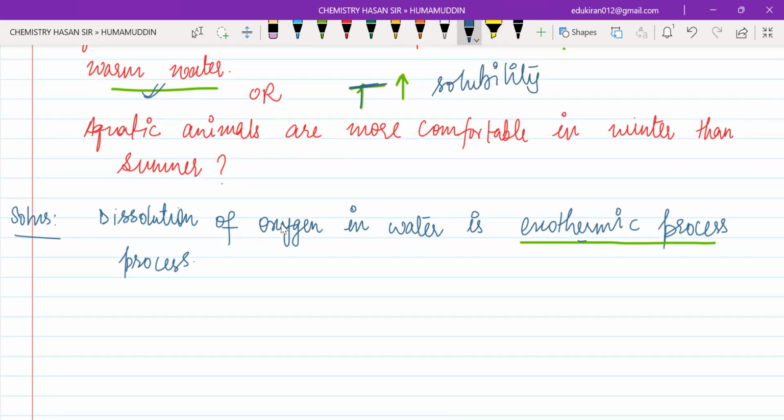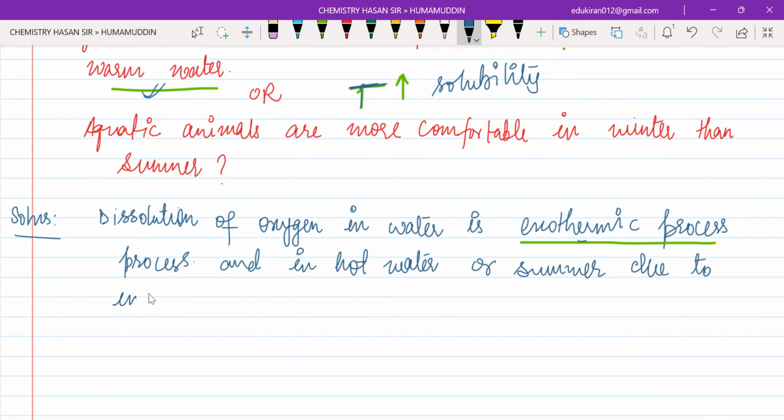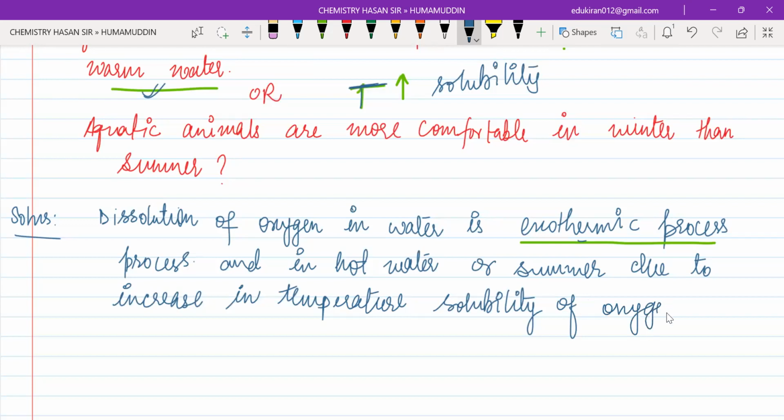Solubility decreases. So I'm going to write: dissolution of oxygen in water is an exothermic process, and in hot water or summer, due to increase in temperature, solubility of oxygen in water decreases.